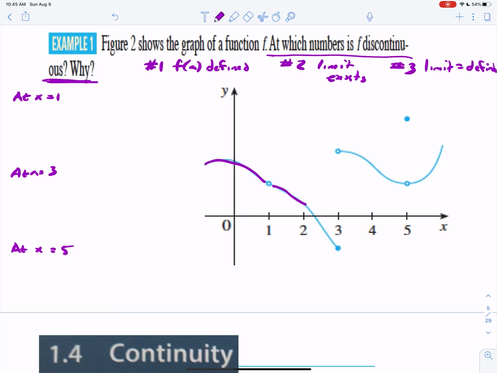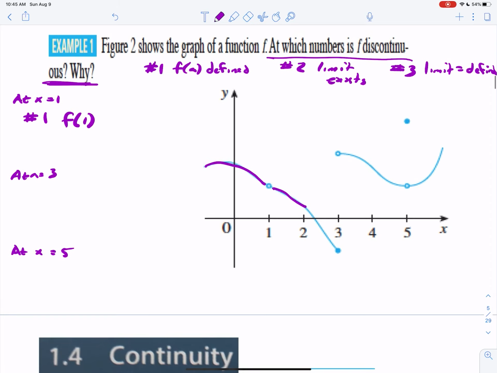So let's take a look at number 1. Is f of 1 defined? Is there a point that's defined at 1? If you notice, there's nowhere around it where there is a point that's defined at 1. So it actually broke rule number 1.